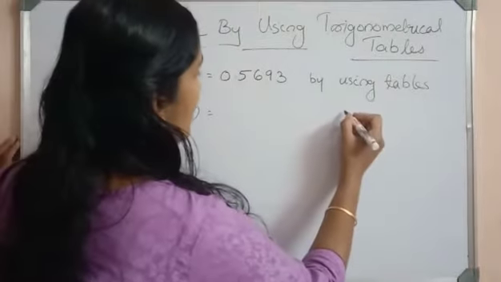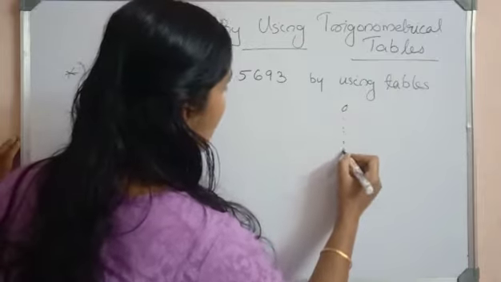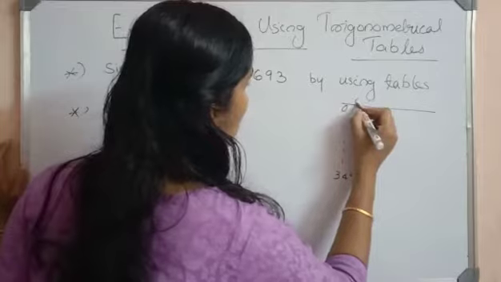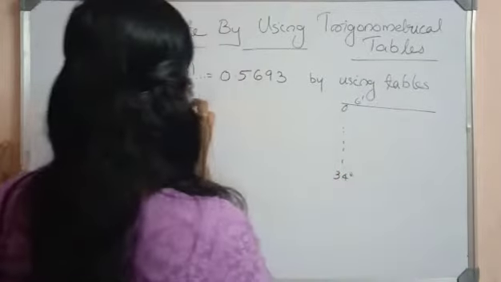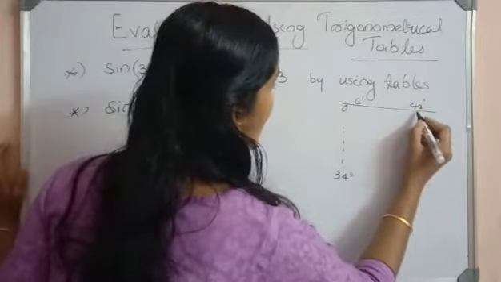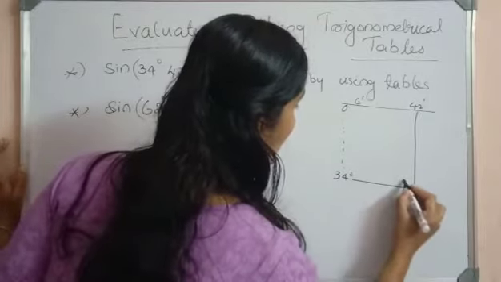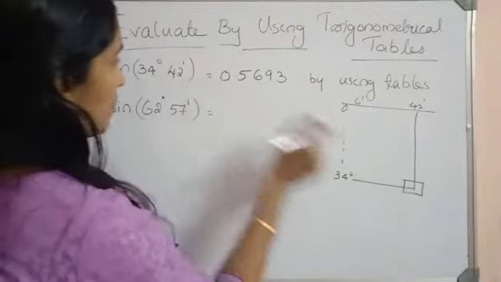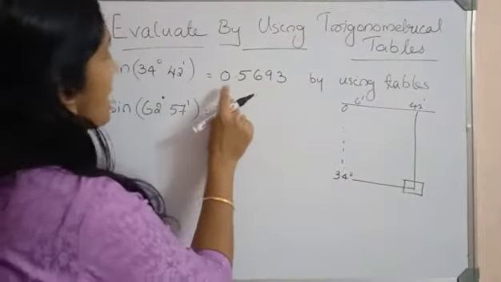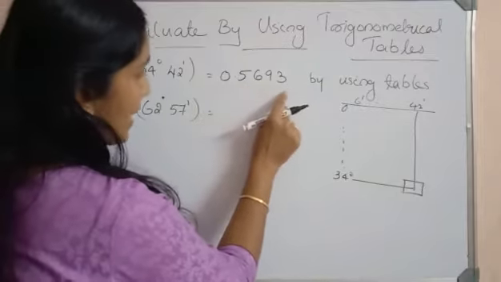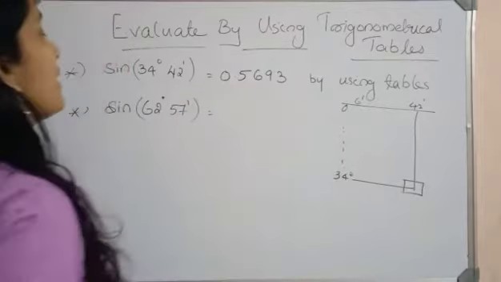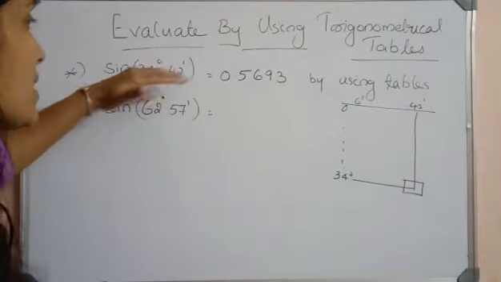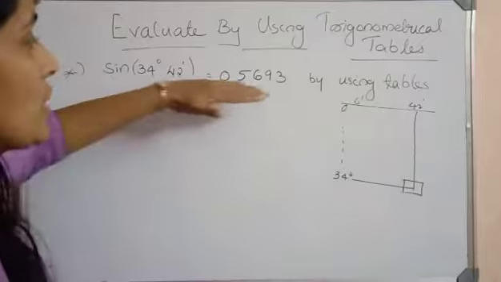On the left column there are degrees, where 34 degree will be, and on the top you will have the minutes, 6 minutes, etc. You have to see 42 minutes, and where these two meet, that will be the value of the particular angle. The value from the table is 0.5693. This is the value of sine 34 degree 42 minutes.